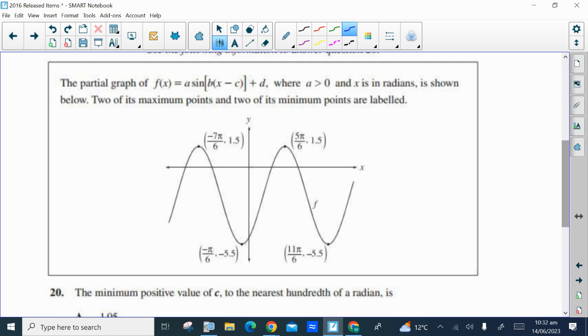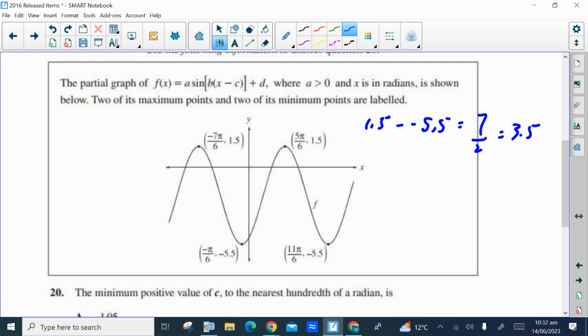So it would be helpful to know where the middle is. The middle is halfway between the max and the min. So if you go from positive 1.5 down to negative 5.5, that's a total distance of 7 units. So the middle would be halfway between that. If we divide that by 2, we would get 3.5.